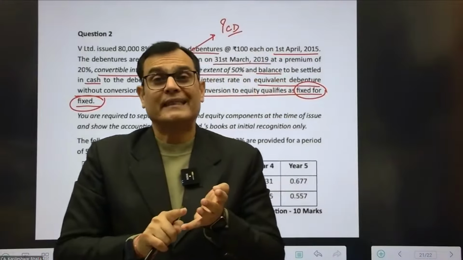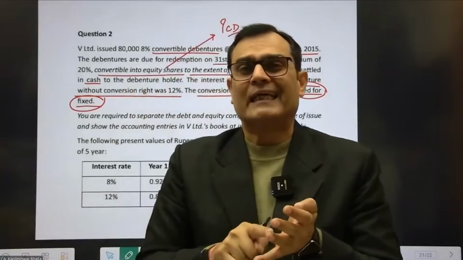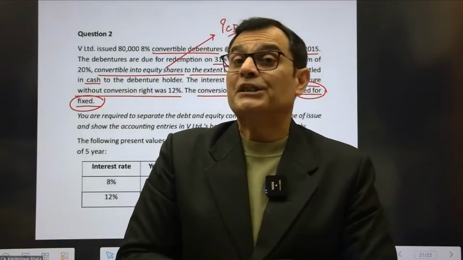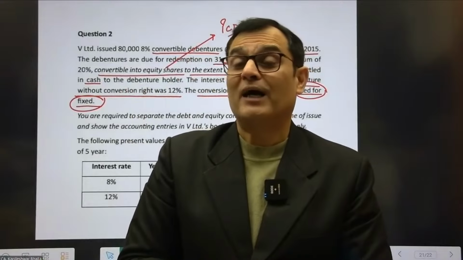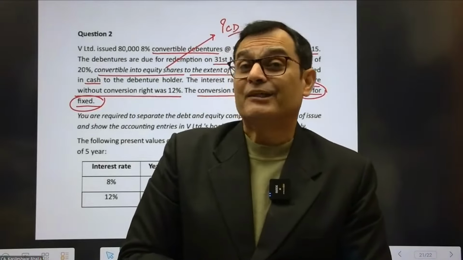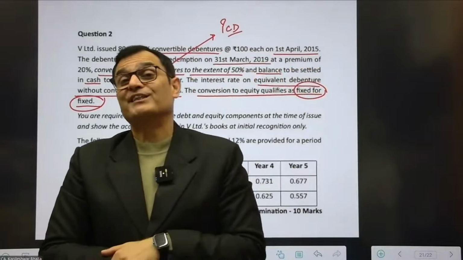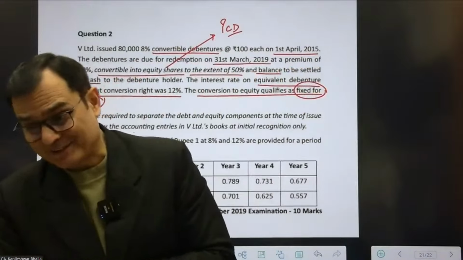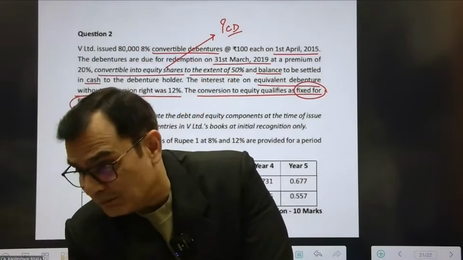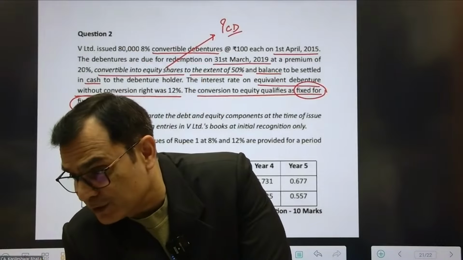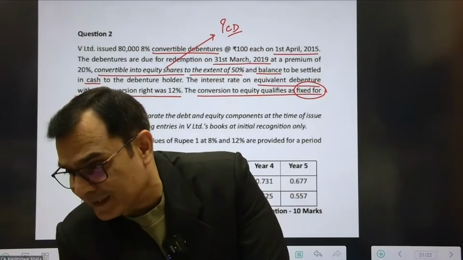Are you going to segregate the financial liability, equity, and derivative, or just financial liability and equity? If the fixed for fixed test is passed, it becomes an equity characteristic. And if it becomes an equity characteristic, then we are not segregating the derivative out of this, correct? Super. I think that's going good. That's right. So we're going to segregate the two elements in this case, and that's rightly identified.